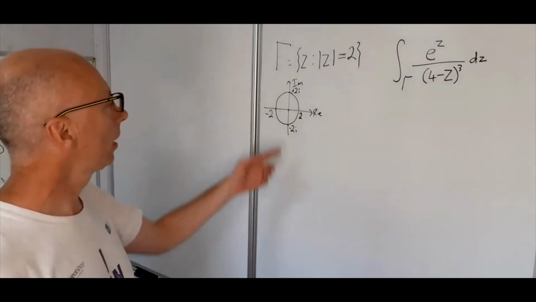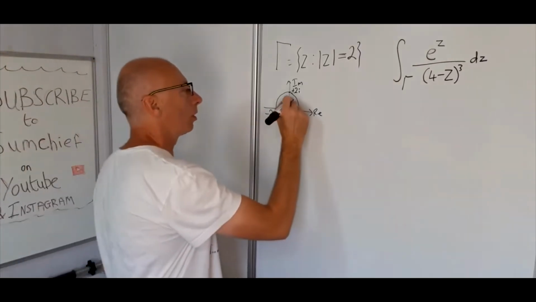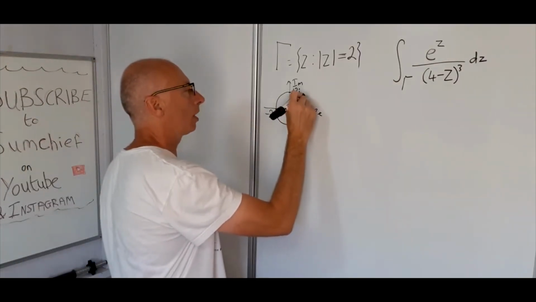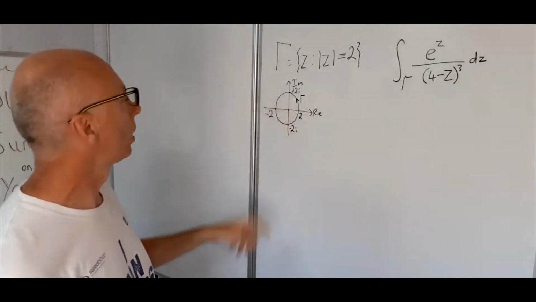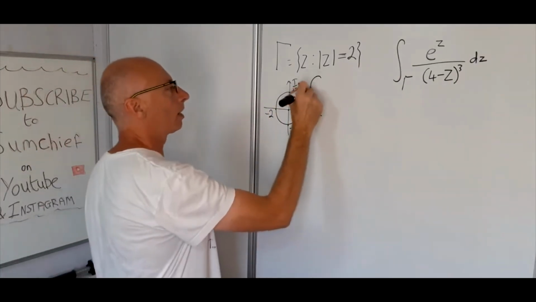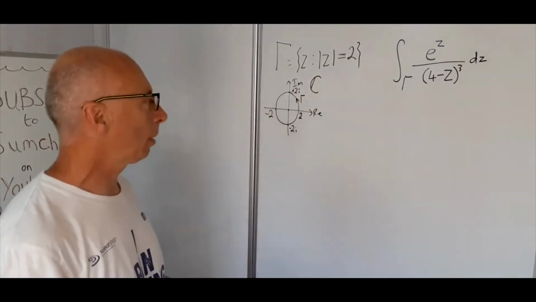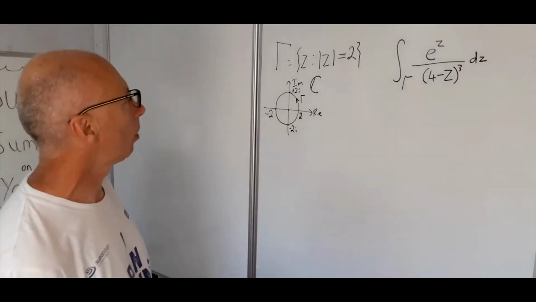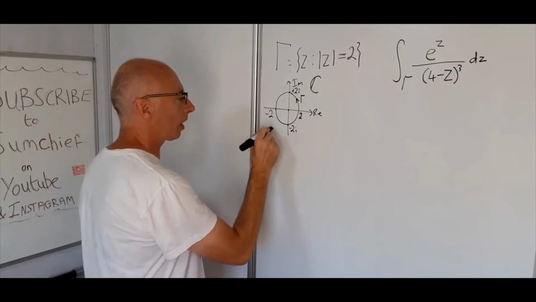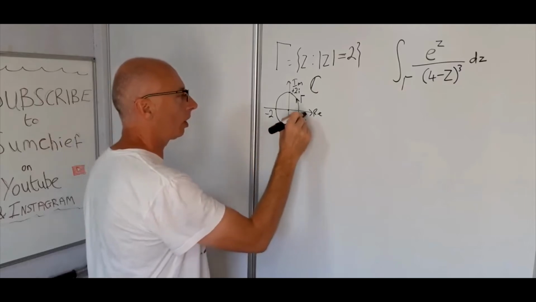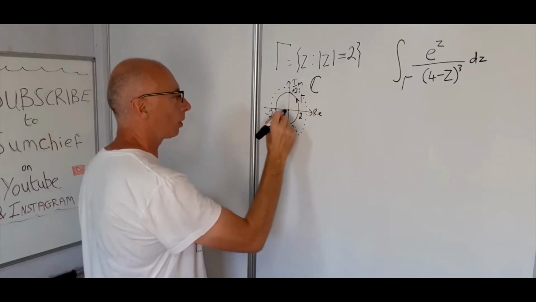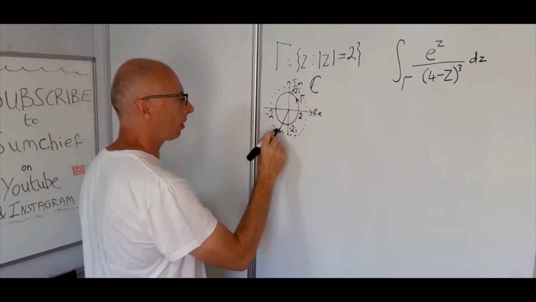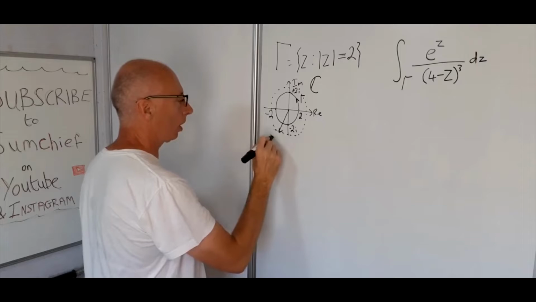Now, this region here, gamma, we can see that this is a simple closed contour, and it's inside the complex plane. And what we could do is put that inside another simply connected region, which would give us a radius, or a modulus, of 3.